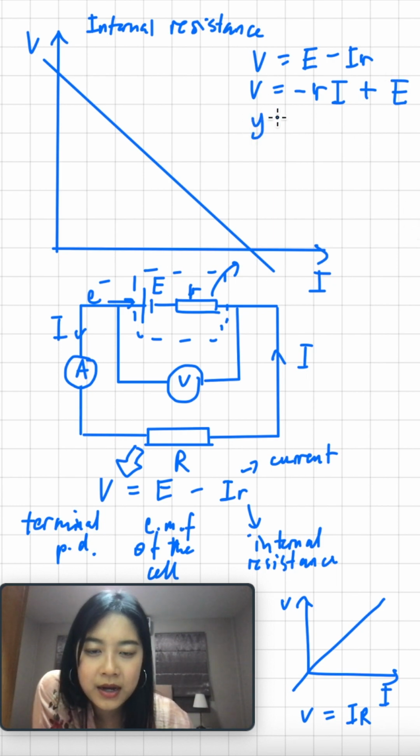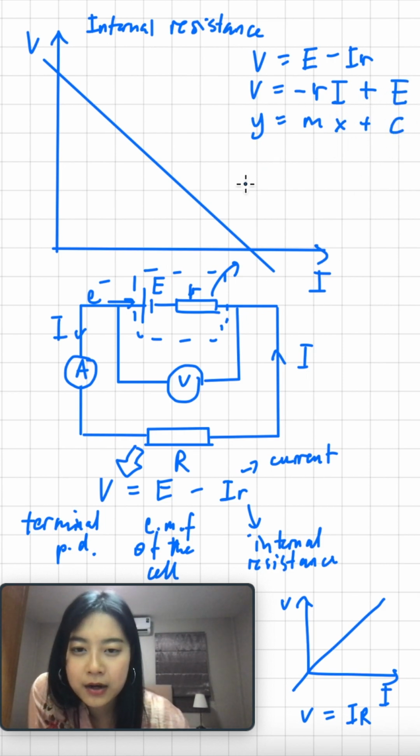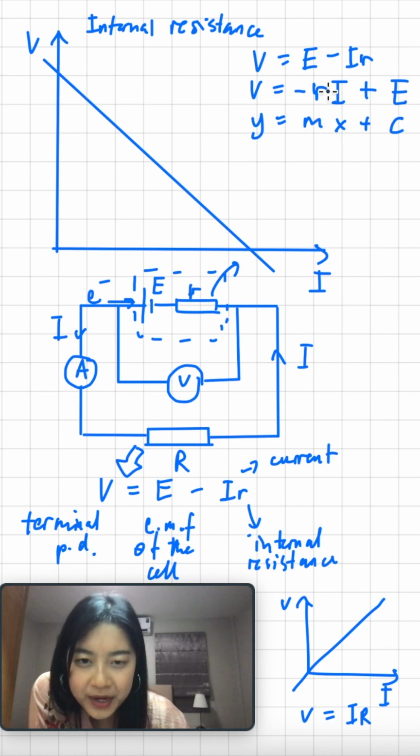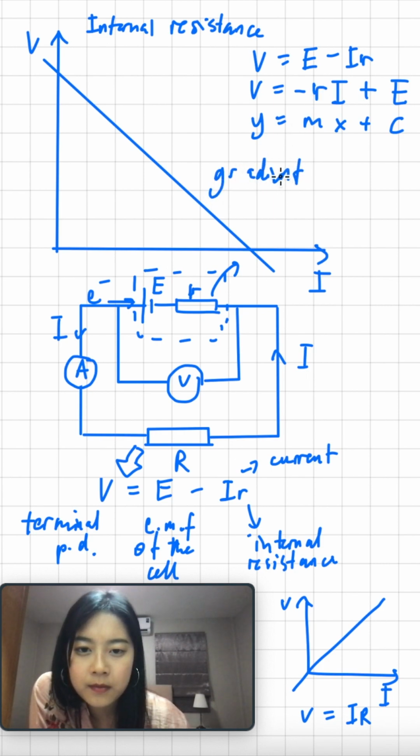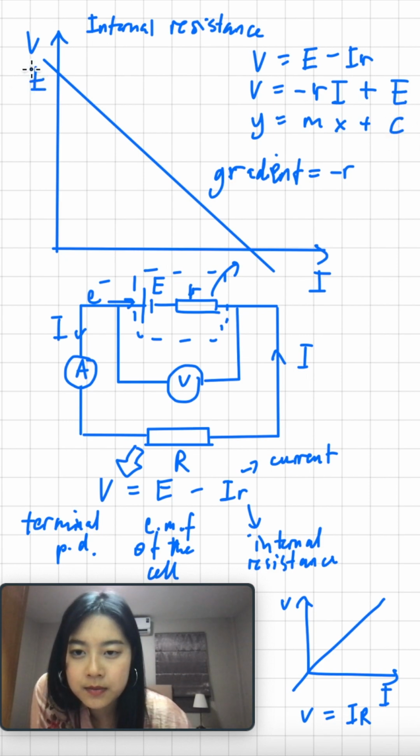So this is the y, this is the m, this is the x, and then this is the c. When you compare the top line and the bottom line, you can see that the gradient of this line is minus r. So m is equal to minus r. And then the c, or the y-intercept, is E, so this is E.